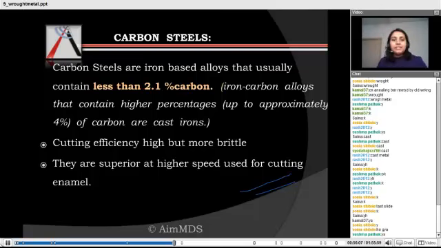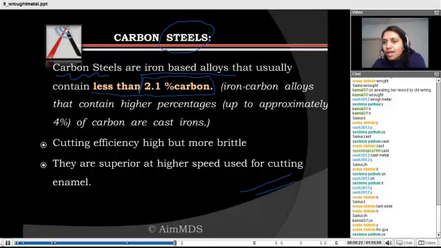Okay. Now, when we talk about steel, these carbon steels are iron-based alloys that contain less than 2.1% carbon. When we talk about iron and carbon alloys, these iron carbide alloys usually have a higher percent of carbon, up to 4%.